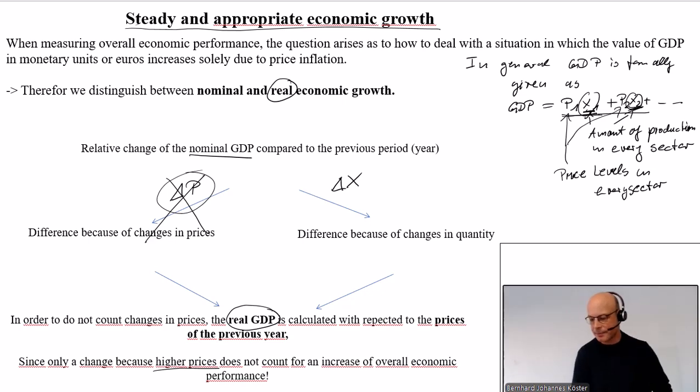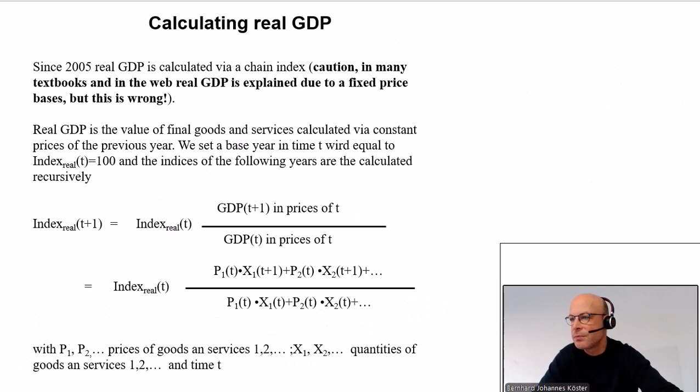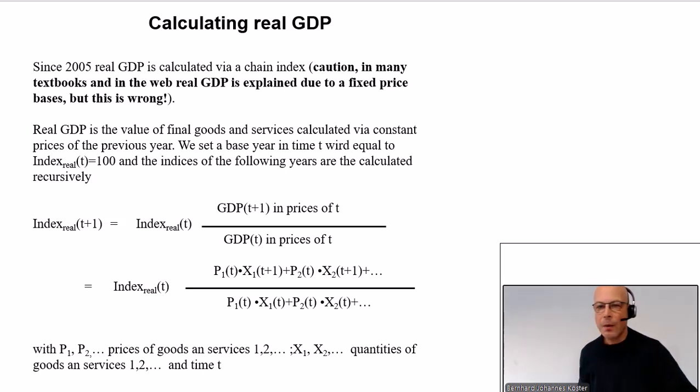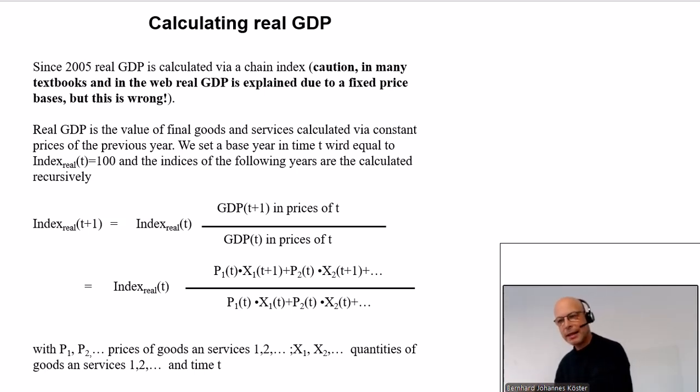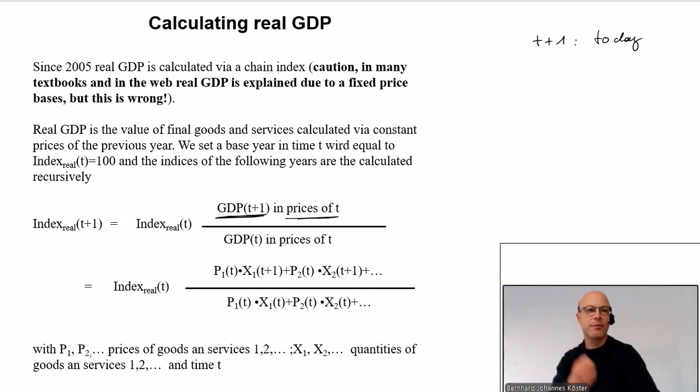For this reason, roughly 20 years ago, we changed the way to get rid of this price change effect. We introduced a concept where we value every amount produced today, so today is t plus 1, with prices of the former year. So to speak, prices of yesterday.